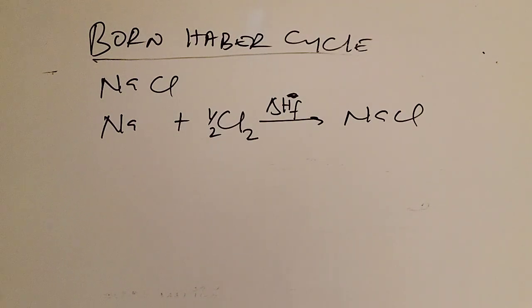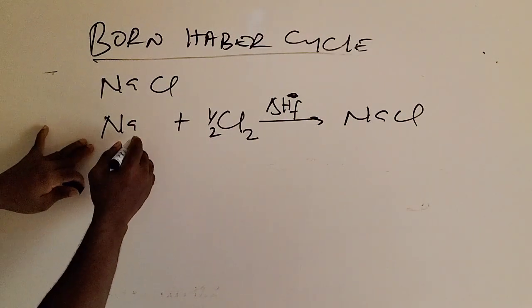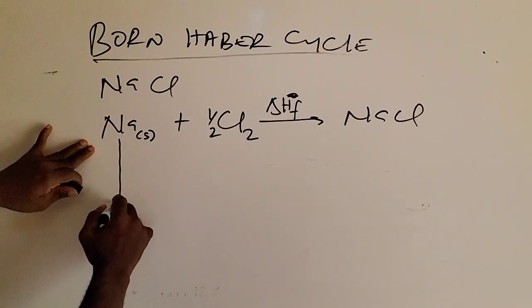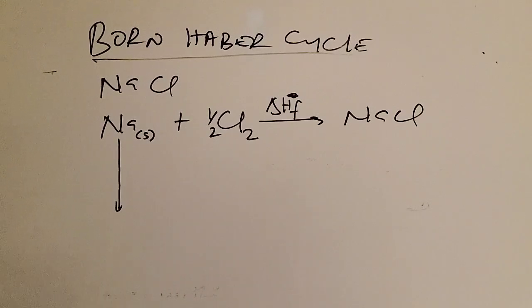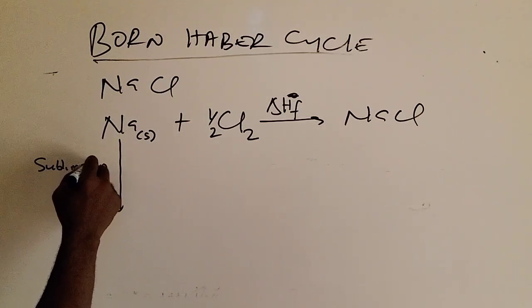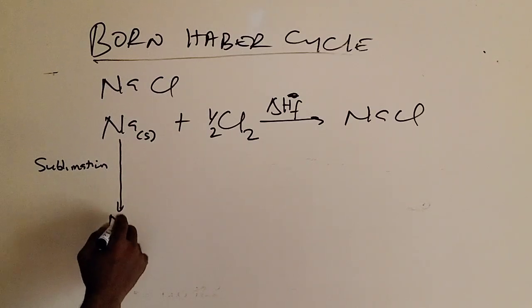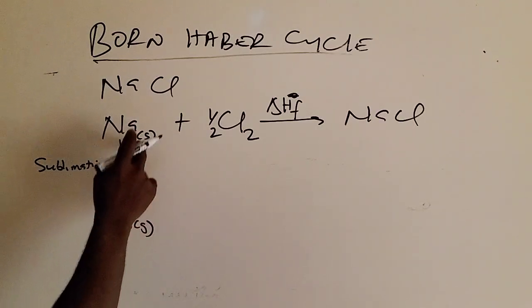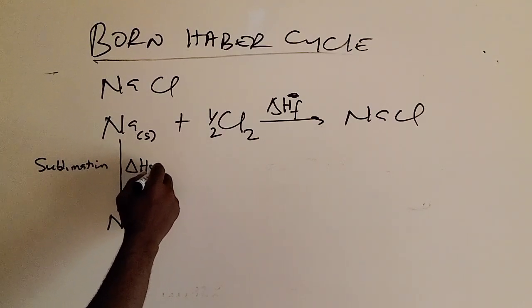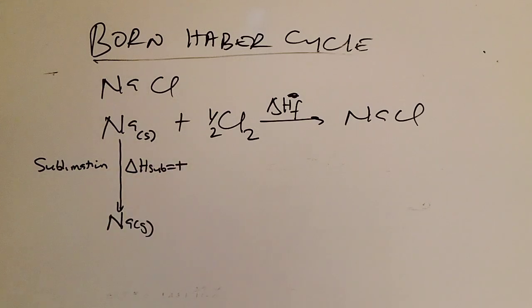Having done that, the metal undergoes 2 stages. The metal is in solid state. The first stage it undergoes in the Born-Haber cycle is called sublimation, that is, turning from solid to gas. So you now have Na going from solid state to gaseous state. It needs the enthalpy of sublimation, which is positive. That's the first stage.